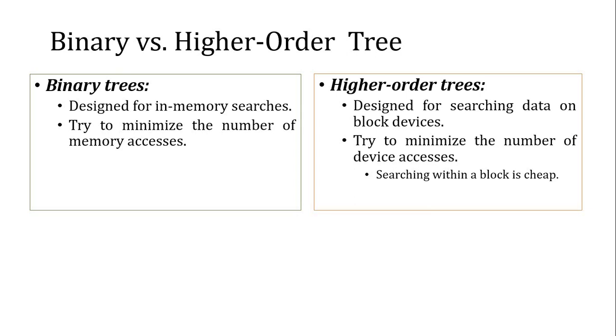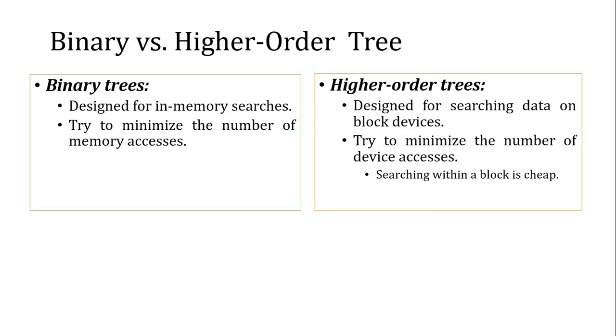So the difference between binary and higher order trees: binary trees are designed for in-memory search only. That is why the binary tree is created, to try to minimize the number of memory accesses.